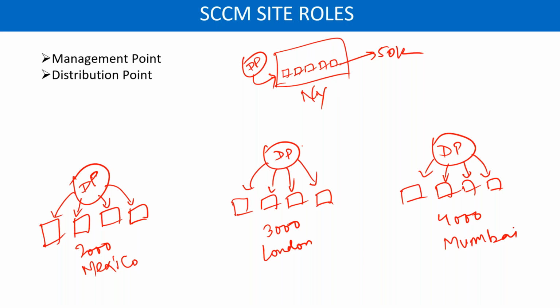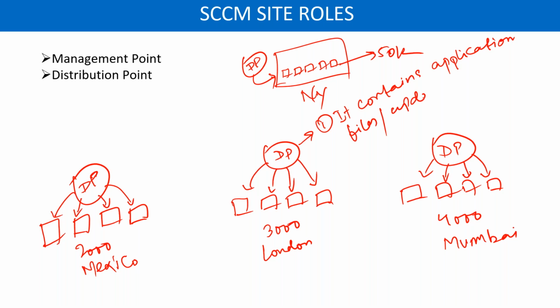A distribution point contains application files, software update files, and operating system files. Basically it contains all the content, and the devices will be downloading the content from here.